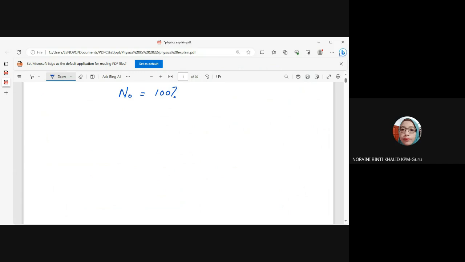Let's try to check the fraction left. How do we calculate the fraction left? Let's say the N after 1 half-life is 50%. What is its fraction left? It is N divided by N0.